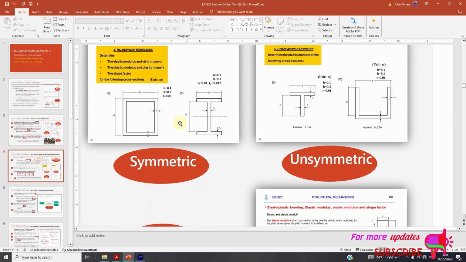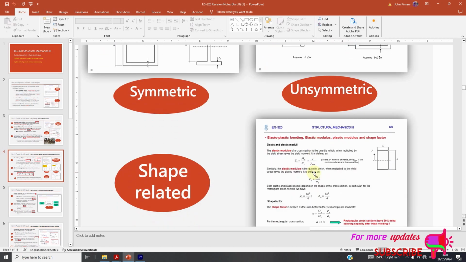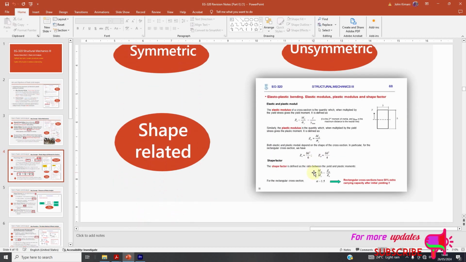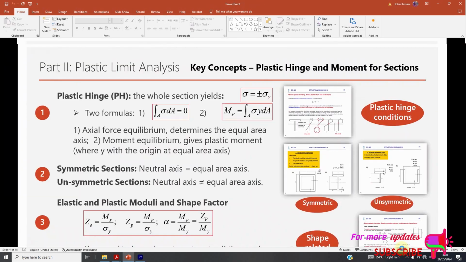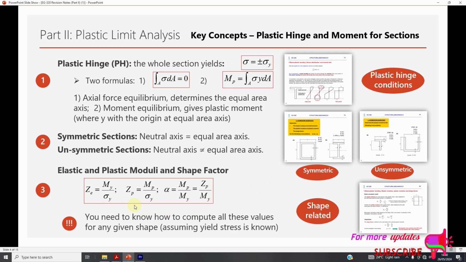So this one is symmetric, this one is asymmetric. You need to know how to compute all these values for any given shape, assuming yield stress is known. So elastic and plastic modulus and shape factor are given by this formula.